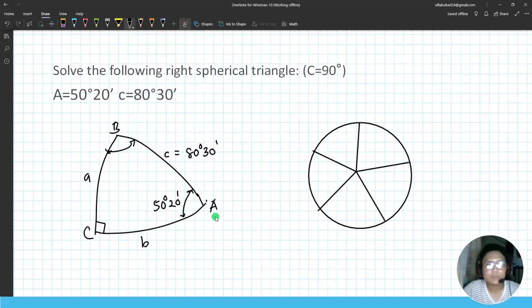According to Napier's rule, first draw a circle and divide it into 5 parts. Each part corresponds to the sides and angles of a right spherical triangle without including the right angle. So, make sure that we assign each part in proper order.